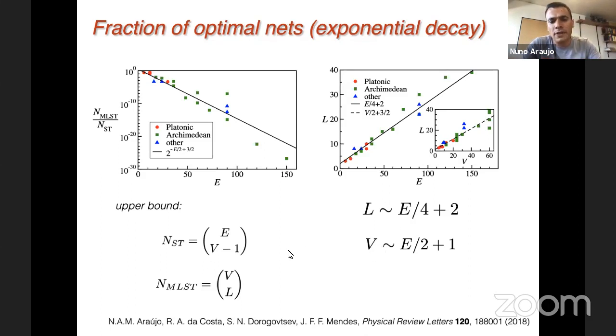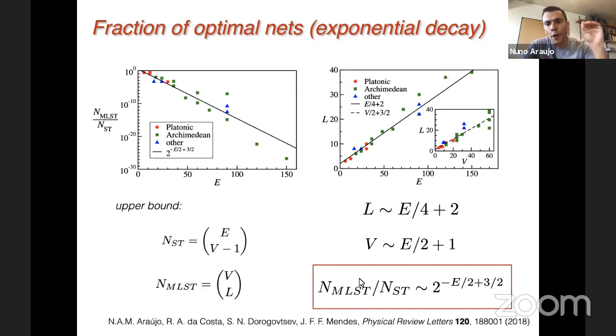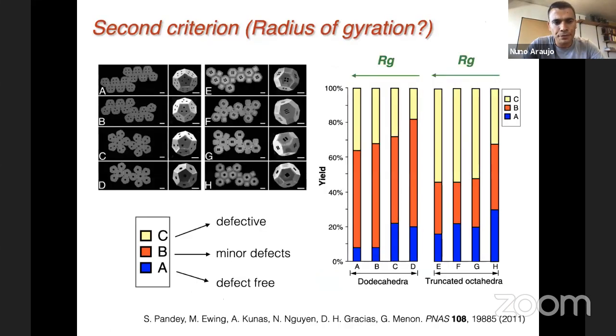So when we put everything together, we see that the fraction of nets that are optimal decays exponentially according to this law. And as you can see from this plot, we explain quite well what we observed by counting all these configurations for all these solids.